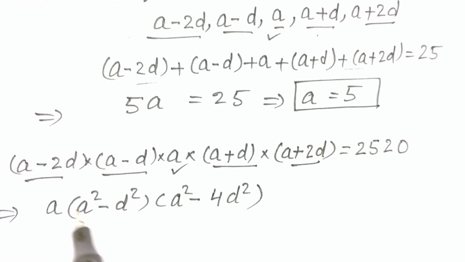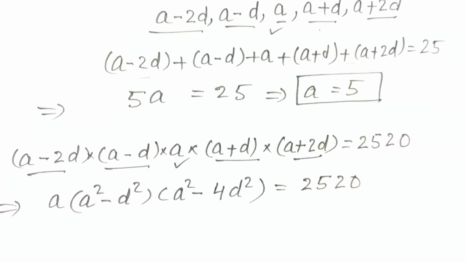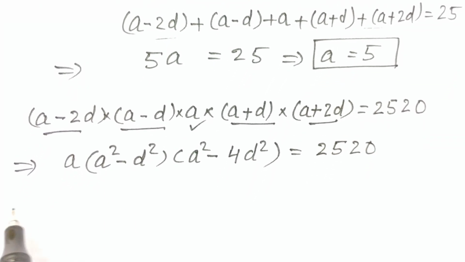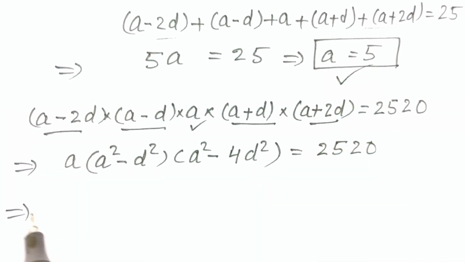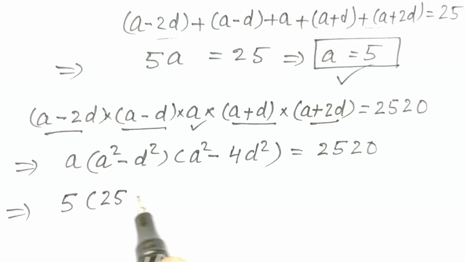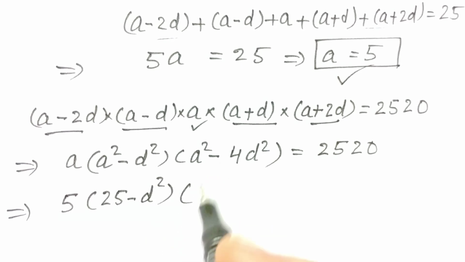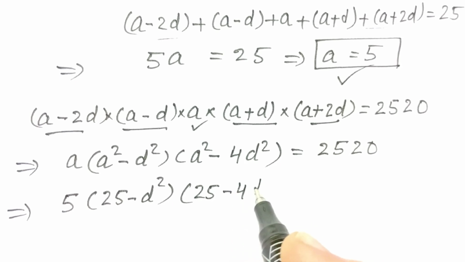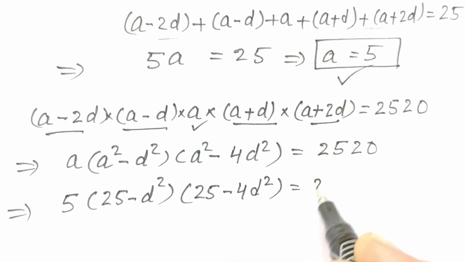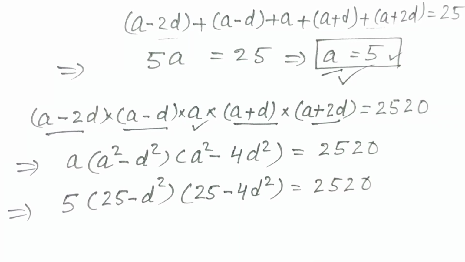And A is equal to 5, so 5 times 25 minus d square, and here 25 minus 4d square is equal to 2520, right? Because A is equal to 5, right?